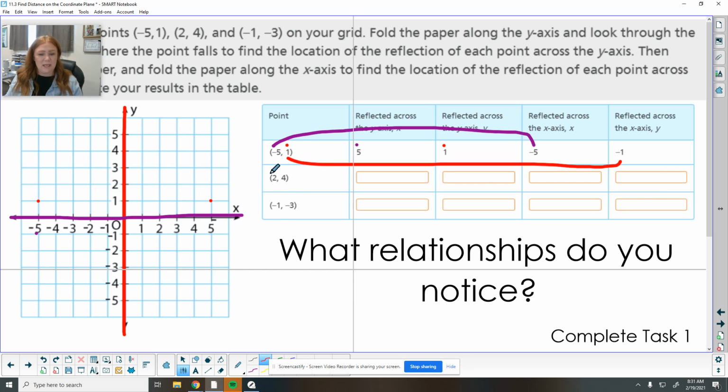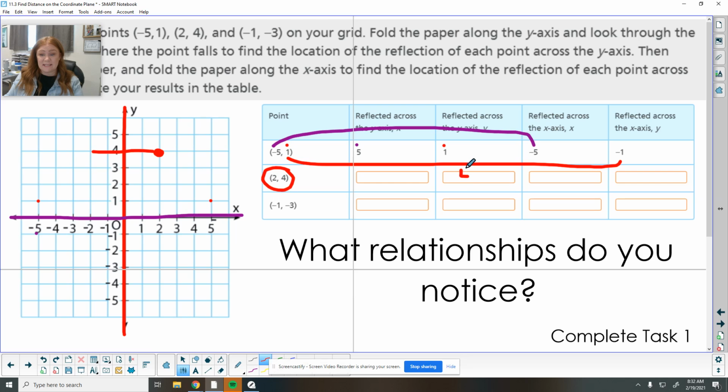So here let's graph 2, 4. So over 2, up 4. Here I'm going to make it a little bigger dot so we can see the difference. So first we want to flip over y. Remember, y stays the same. The one we flip stays the same. So we want it on this line of 4.